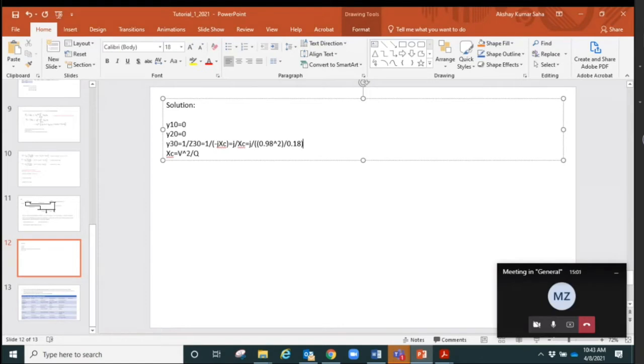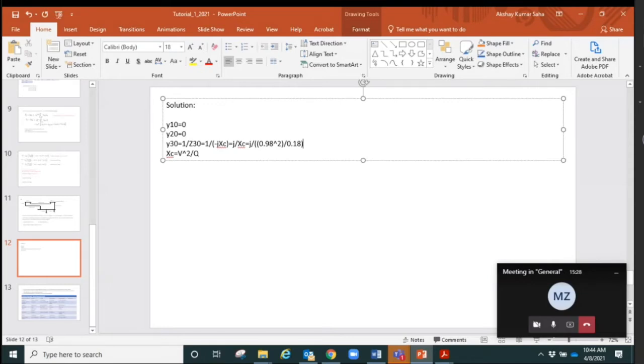And then we come to y30. y30 is equal to 1 over z30, the reciprocal of the impedance. And that impedance is minus jXC. So I replace that by minus jXC, and after that, we just simplify. Then we get j over XC. And XC is what? XC is V squared over Q.